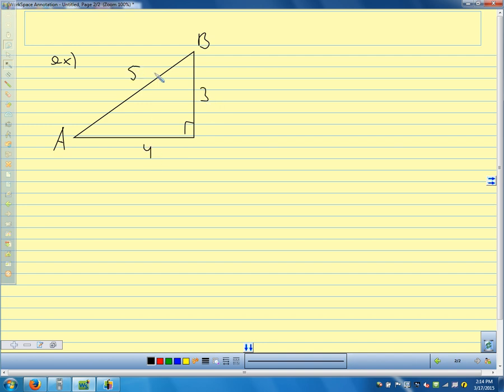You might get a question that says, write the trig ratios for angle A. And in your book it'll say the trigonometric ratios. I'm just using trig for shorthand. So all it's asking us to do is make those ratios with this triangle.